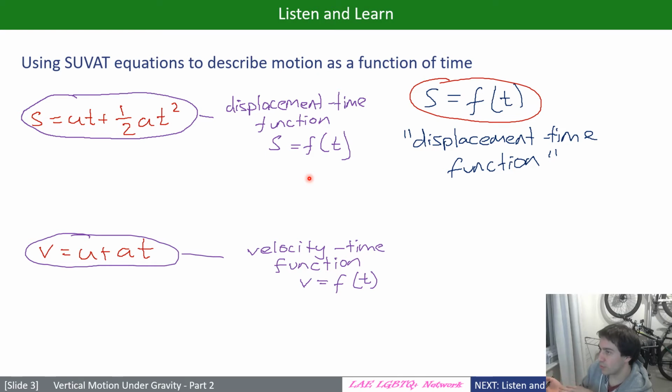It's quite useful. It's an alternative to just sticking in a specific t value. It's to write a function of its motion, and then you can more broadly see what's going on. You can see if it's quadratic, you can see if it's linear, and the example will make clear why we want to do this.